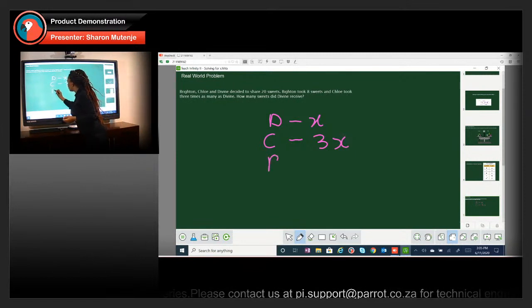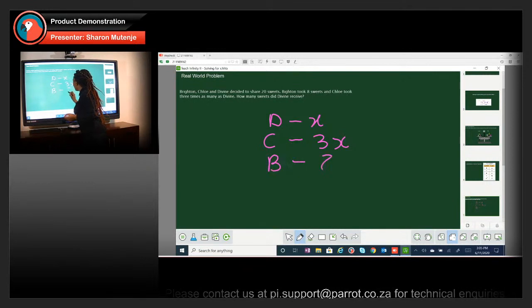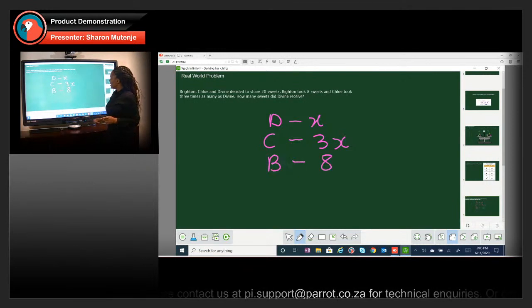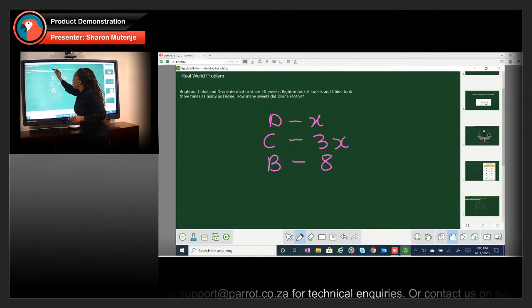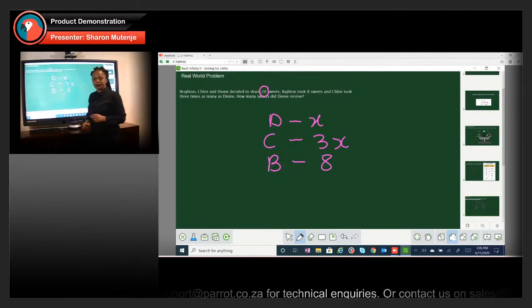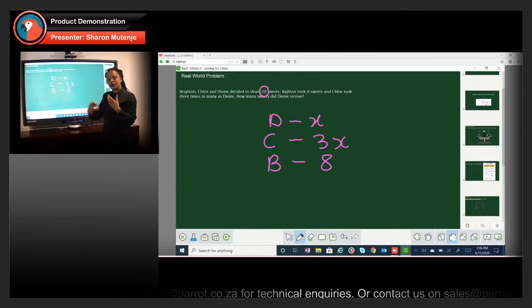So Brighton is always going to be 8. When I combine Divine's, Chloe's, and Brighton's sweets, they are supposed to equal 20. This is where I'm going to build my equation.